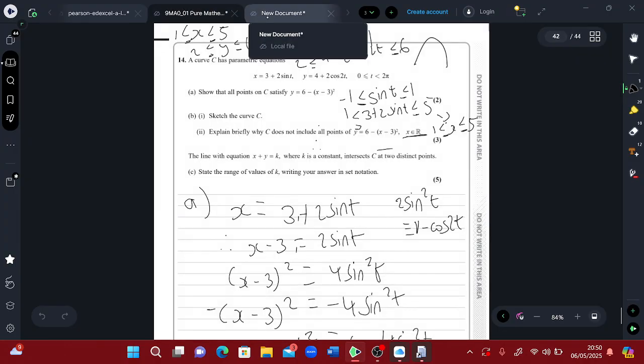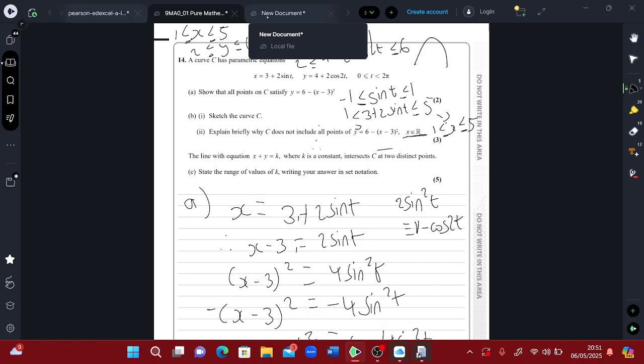But yes, we can reason graphically. We sketched the curve, and this is a line, so we can look at it graphically. We also know all points on C have to satisfy this.